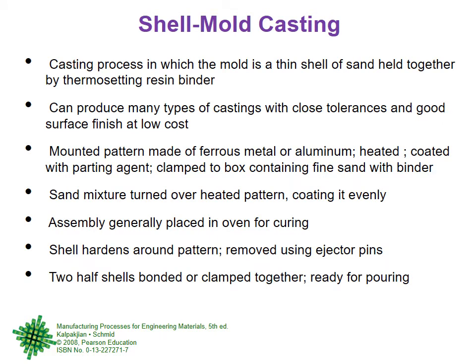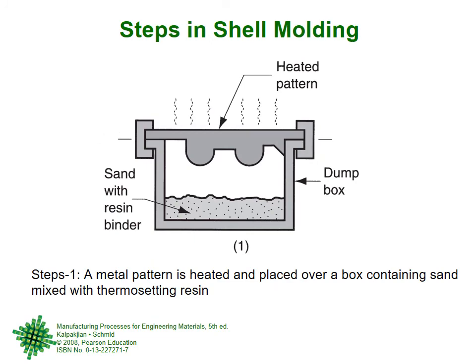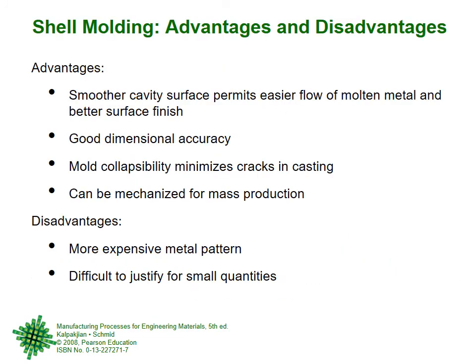So that was the end of a very long coverage of sand casting, which is the largest method. After that, the other methods of expandable mold permanent pattern, steps in shell molding, again with different advantages and disadvantages of shell mold.